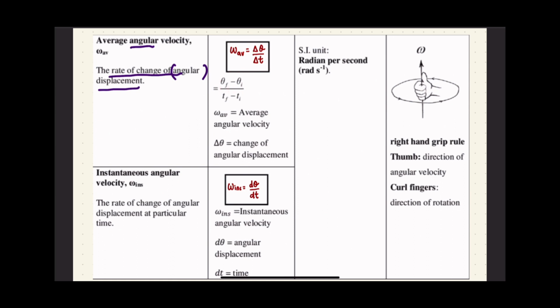So theta final minus theta initial, divided by time final minus time initial.